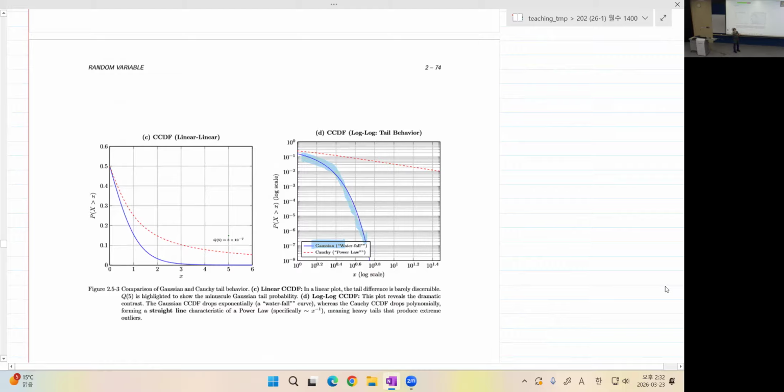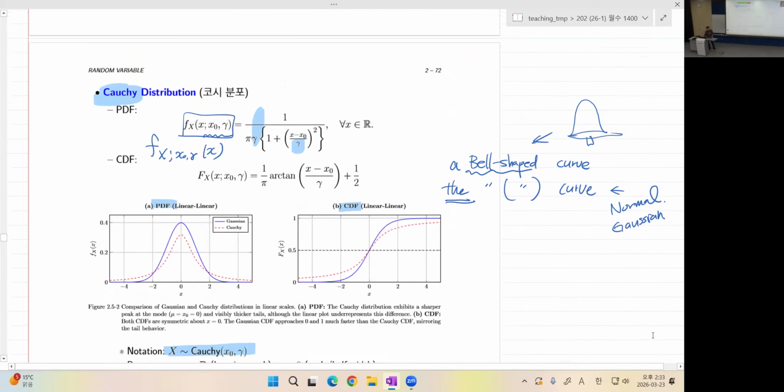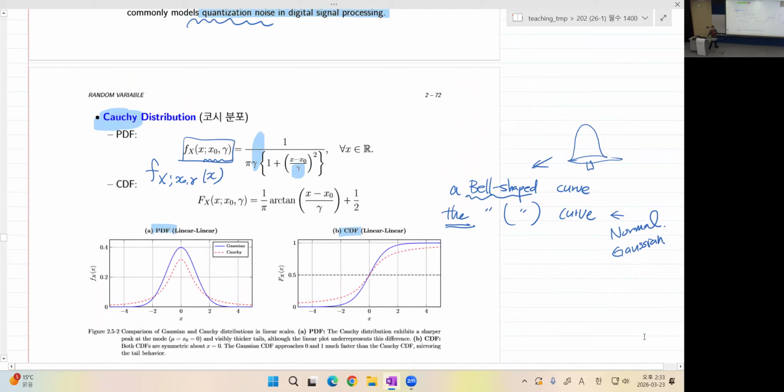By the way, every straight line in the log-log plot is called a heavy-tailed distribution. So, as I just told you, the most important continuous random variable is Gaussian, which is light-tailed. The second most important continuous random variable is the Cauchy distribution, and that is a representative heavy-tailed distribution.